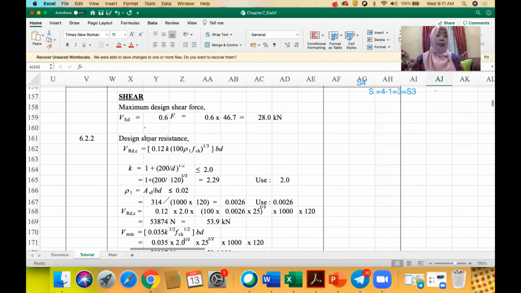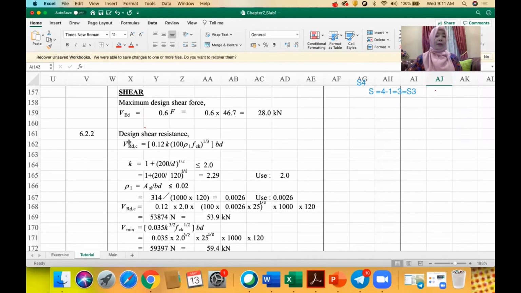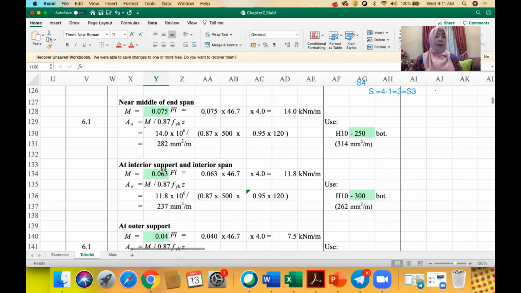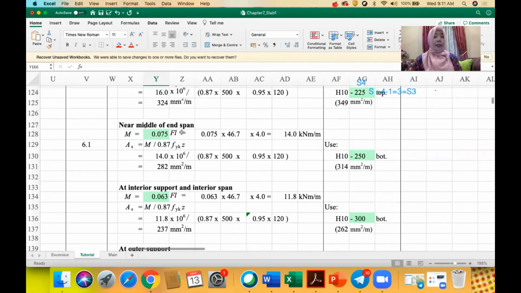Then we check the shear stress. Maximum shear stress in the concrete. So this is the formula. Determine the K, determine the rho 1. This is the value of the maximum moment. Maximum moment at the span, near middle of the span, and MES, interior span is only 0.6. So we have 282.